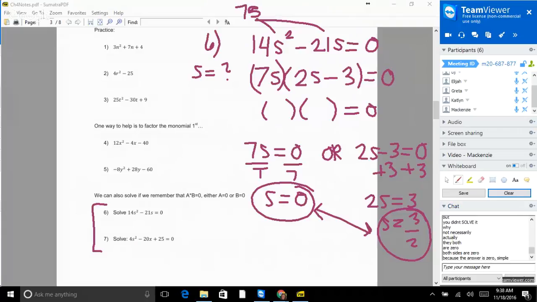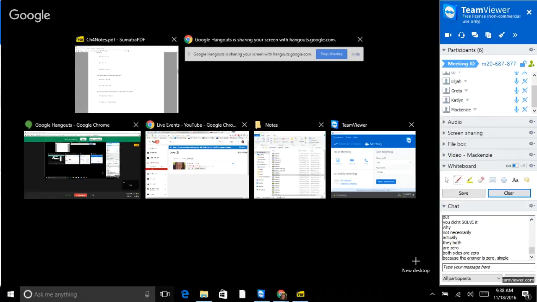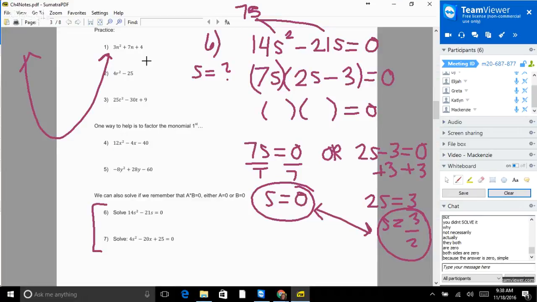So when you have a quadratic, remember the quadratic equation looks like a parabola, right? So you have your parabola, you have your x and y axis.